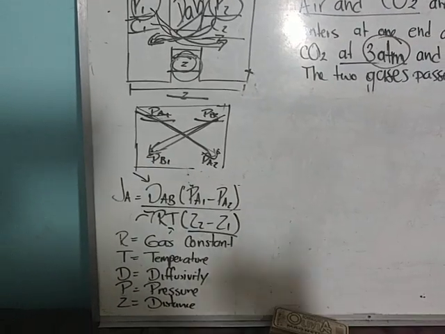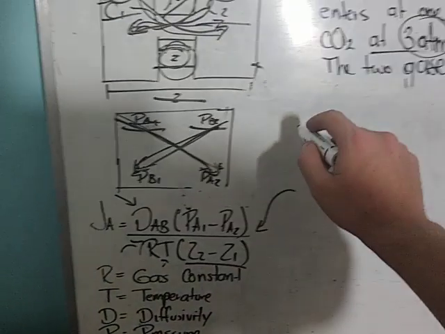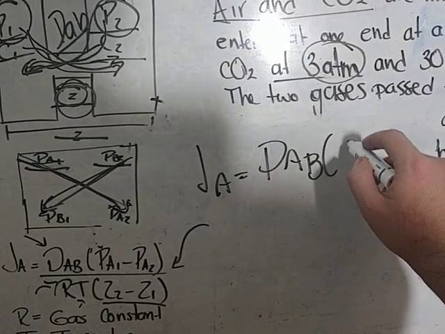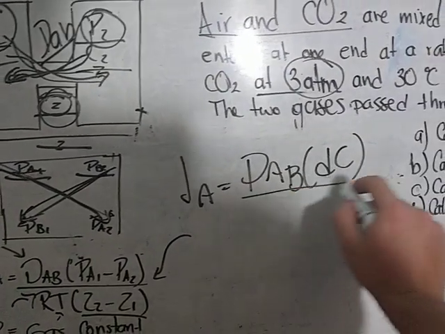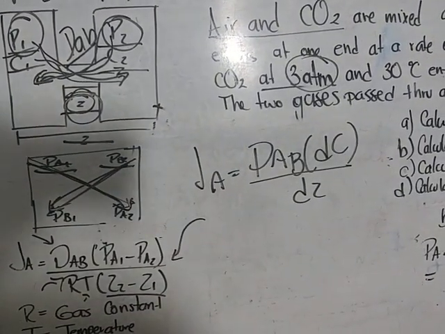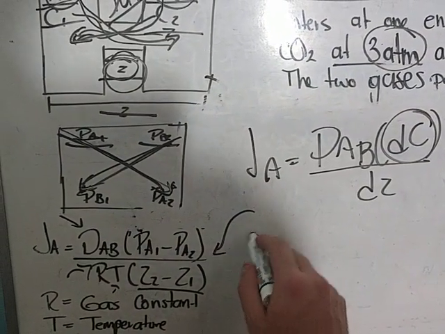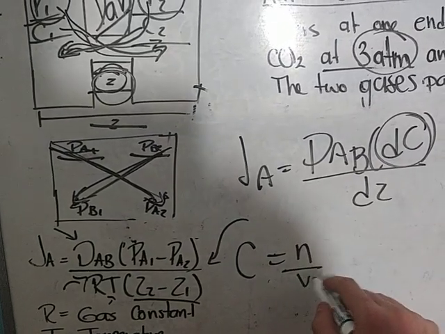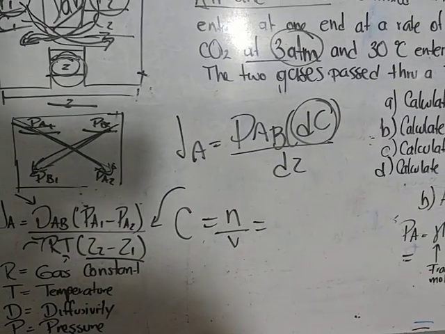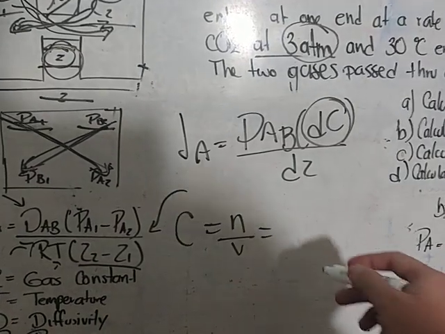Well, the principal equation that we have in this case is this one. To be clear, the difference of the concentration and the difference of the distance. But we're going to transform this one. How? The concentration can be given by the number of moles and the volume.